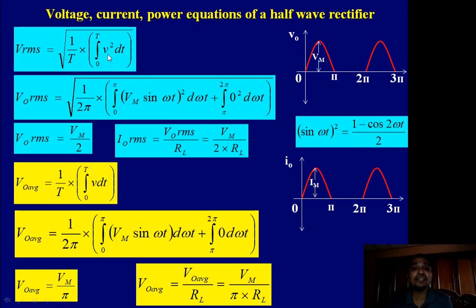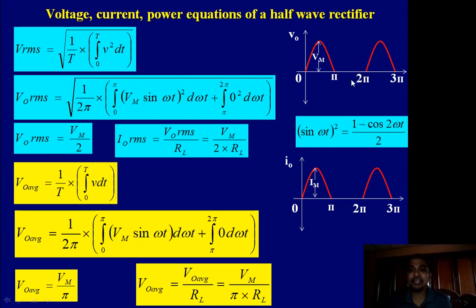So V is equal to V maximum sine omega t, from 0 to T. The time period is 0 to 2 pi. Yes, 1 by 2 pi is the mean value, and we have two parts. Up to pi, this is a sine waveform. From 0 to pi, the integral of V maximum sine omega t squared d omega t is the first half cycle range.